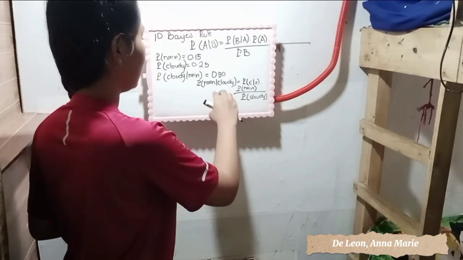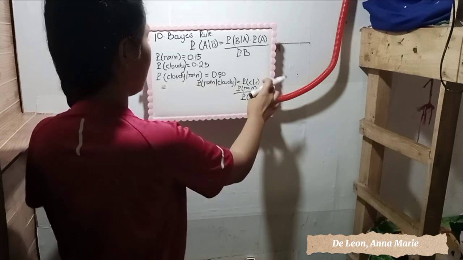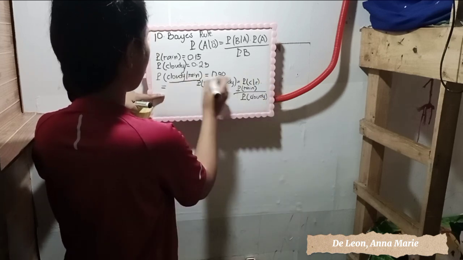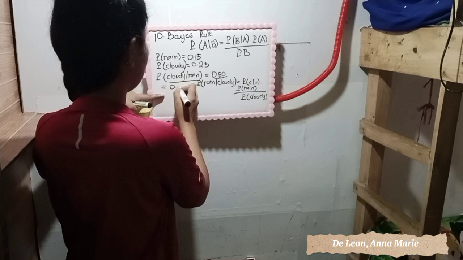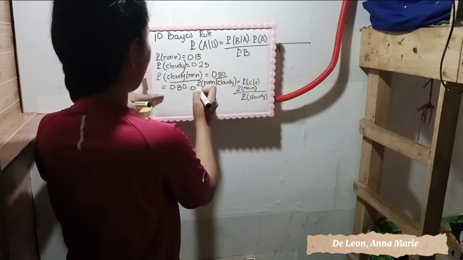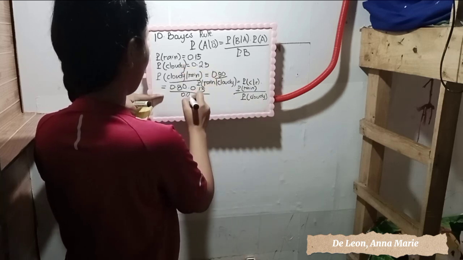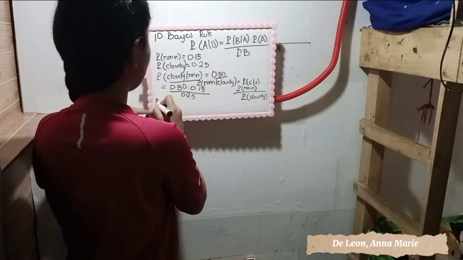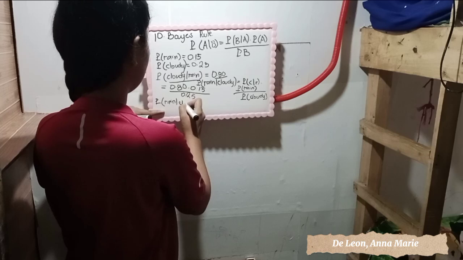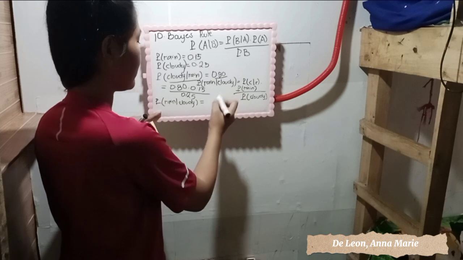Let's substitute the values: 0.80 times 0.15 divided by 0.25. So the probability of rain given cloudy is 0.48.